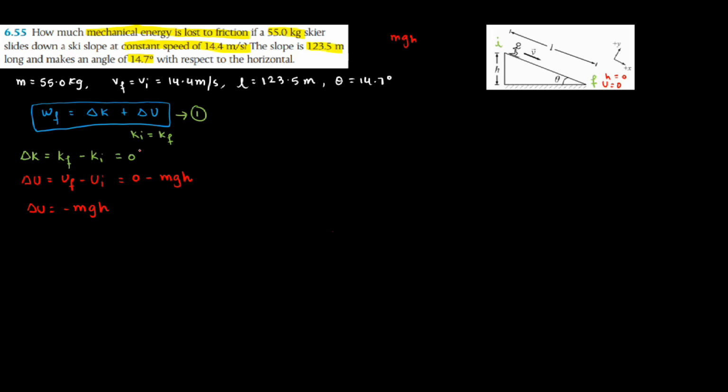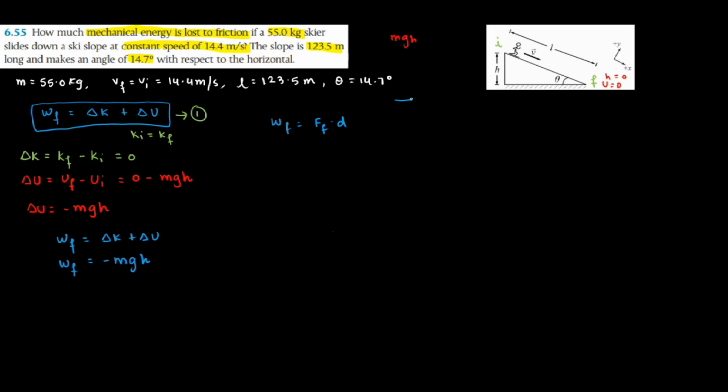Now I can substitute these two values of change in kinetic and change in potential energy in my original equation, equation 1. So we write work done by the force of friction equals delta K plus delta U. Delta K is 0, delta U is minus mgh. Now work done by the force of friction is also taken negative, because work is defined as force times displacement, and this force of friction is always opposite to the displacement.